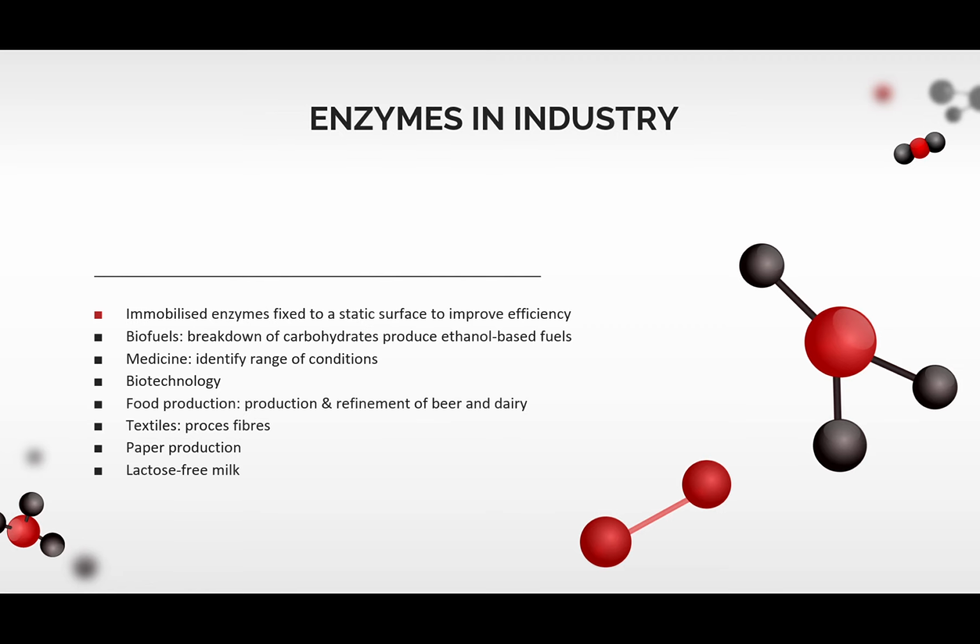We also have it in medicine, to identify a range of conditions. Then we also have biotechnology, for example, gene splicing. Food production, wherein the production and refinement of beer and dairy products occurs. Textiles, to process fibers, and paper, which includes the pulping of wood for paper production.